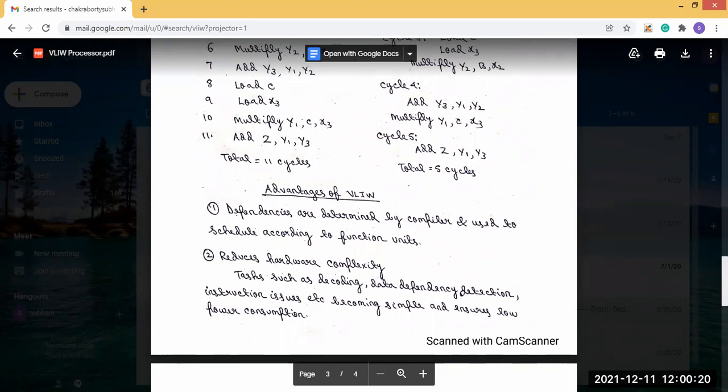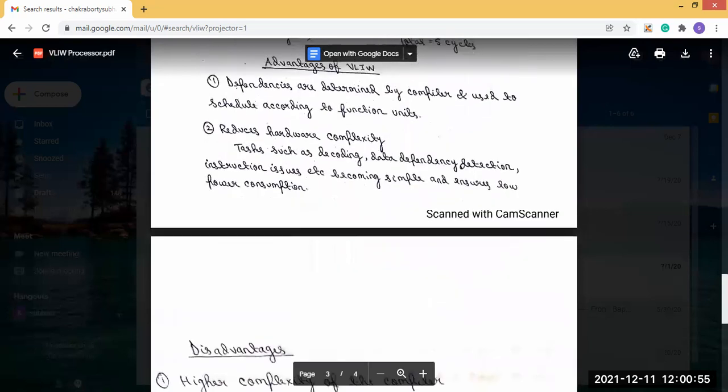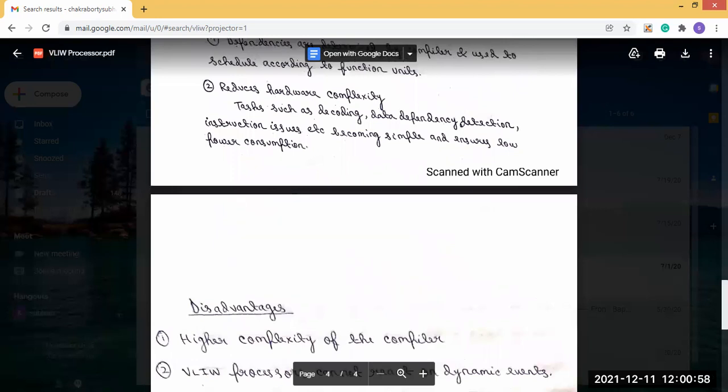In the processors we have seen till now, the number of cable connections or the amount of interconnect control logic increased. If we use VLIW, we do not have such headaches, and hardware complexity is reduced. Tasks such as decoding, data dependency detection, and instruction issue become simple and ensure low power consumption. So this is the advantage of the VLIW instruction.